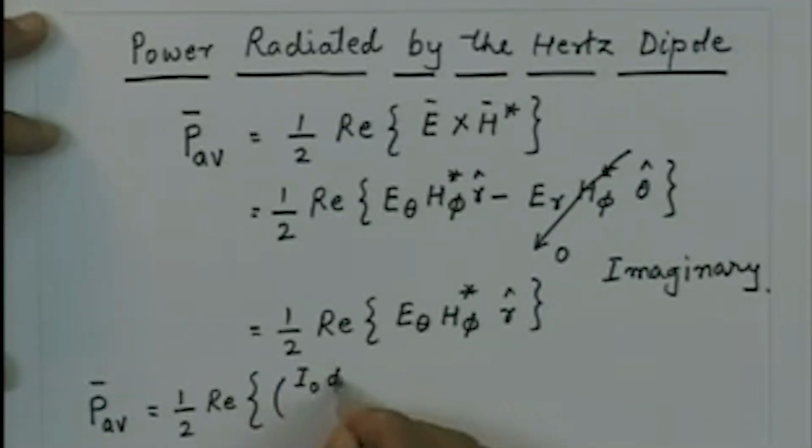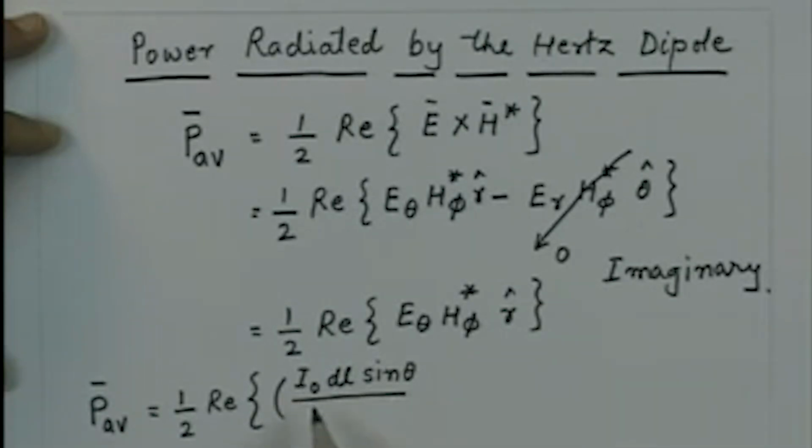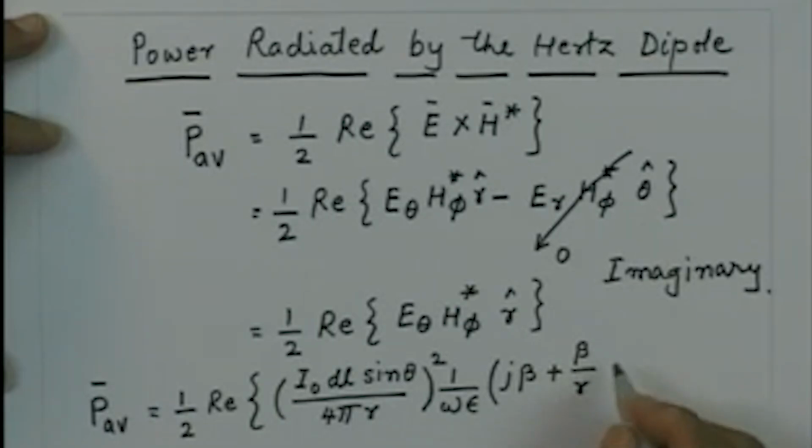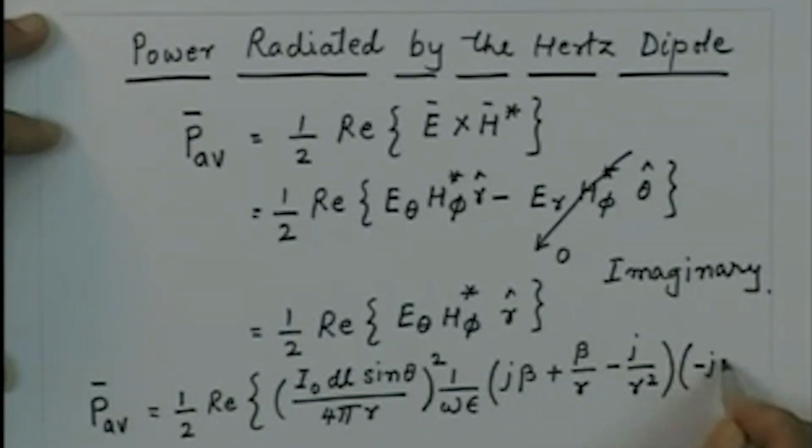So, this is I 0 dl sin theta divided by 4 pi r square, 1 upon omega epsilon, and then I have terms because of electric field which is j beta plus beta upon r minus j upon r square, and because of H term which is minus j beta plus 1 upon r.